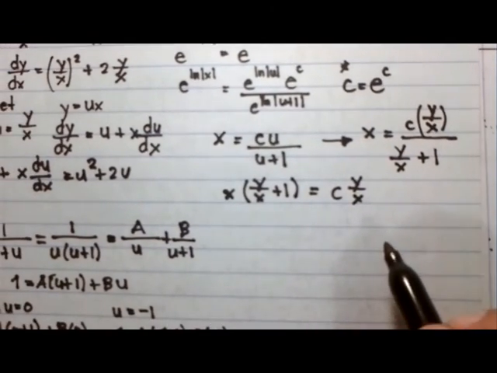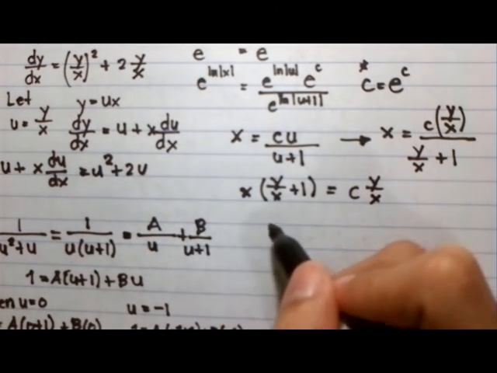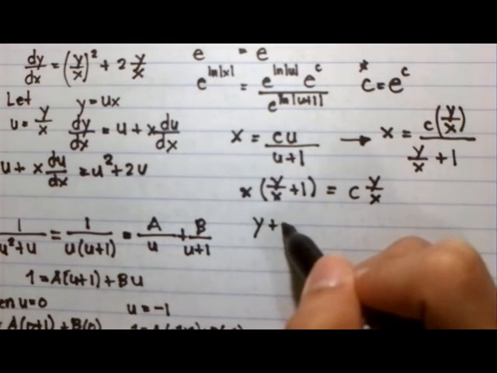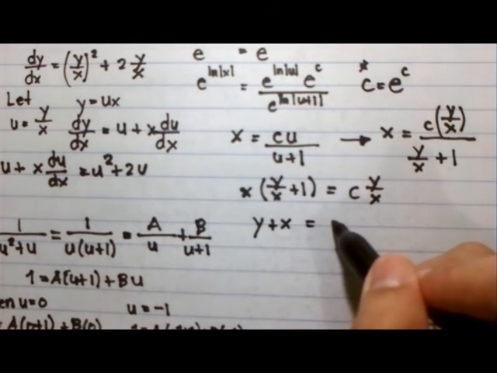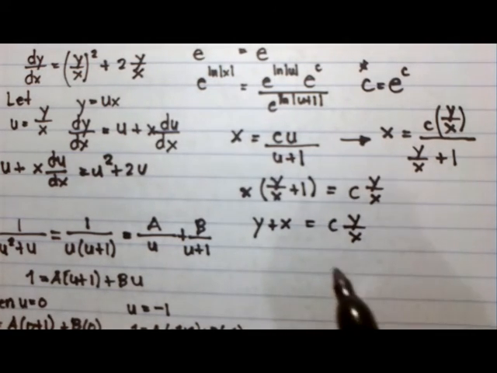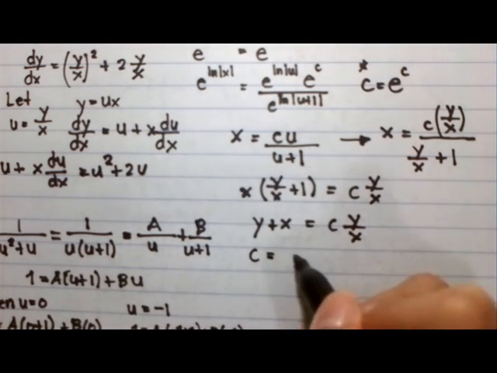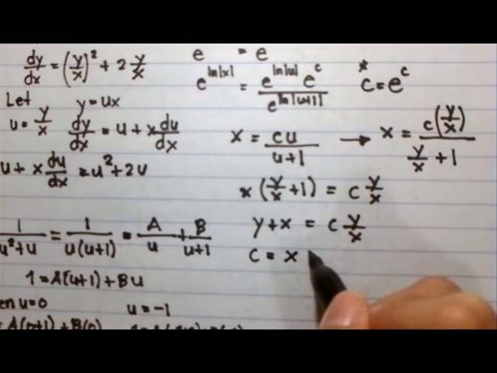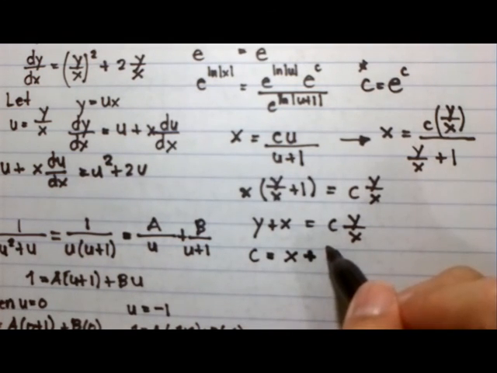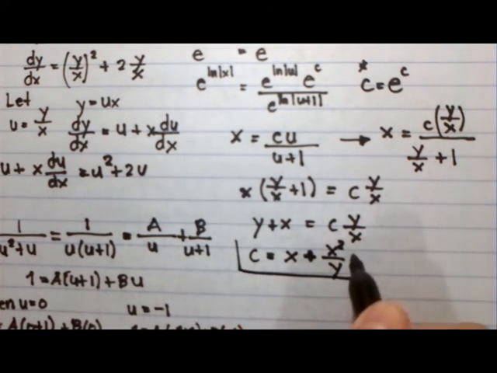By distributing the x inside, we will get y plus x equal to c times y over x. After that, we multiply both sides by x over y, and we will get c equals to x plus x squared over y. This is now our general solution.